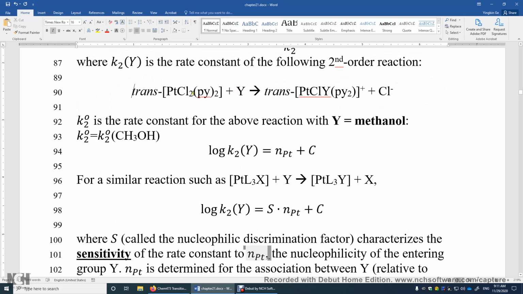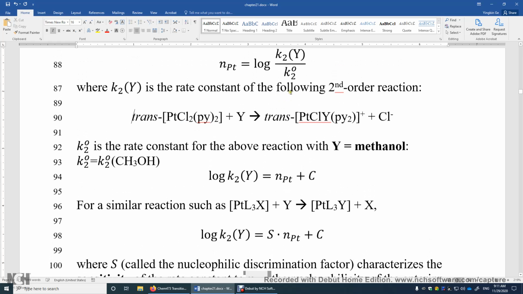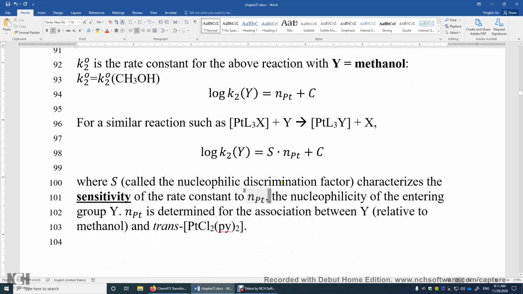Okay, Y reacts with trans-dichlorido dipyridine platinum complex relative to methanol. That's the definition of this N sub Pt right here. All right. So this sensitivity tells us again how significantly this rate constant for this reaction depends on N sub Pt.